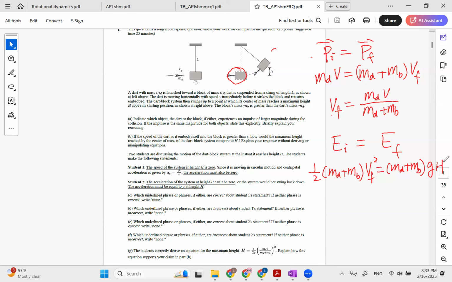You see that? And then these cancel out, right? Same mass. So you'll find h will be equal to v final squared over 2g. Then you plug in v final squared. So it will be m_d v over m_d plus m_b, squared. That's how you derive it. This question didn't ask you to derive it, right? But sometimes the question will ask you to derive.